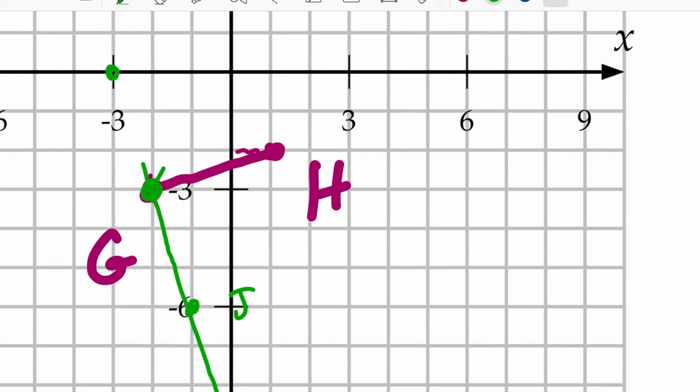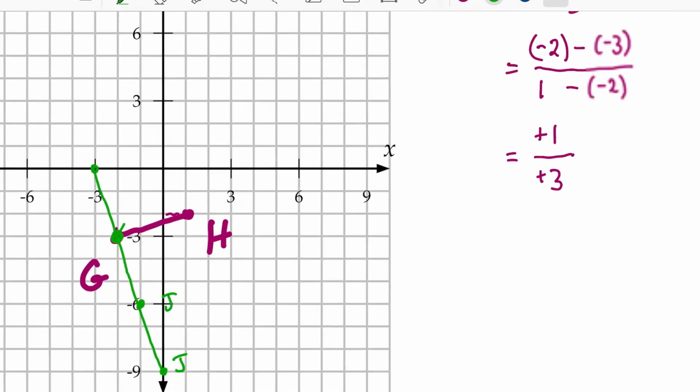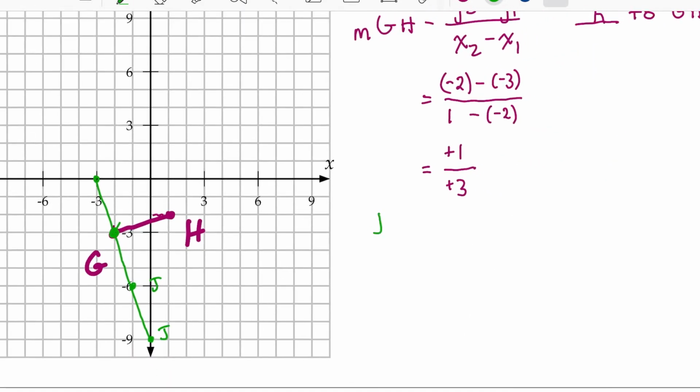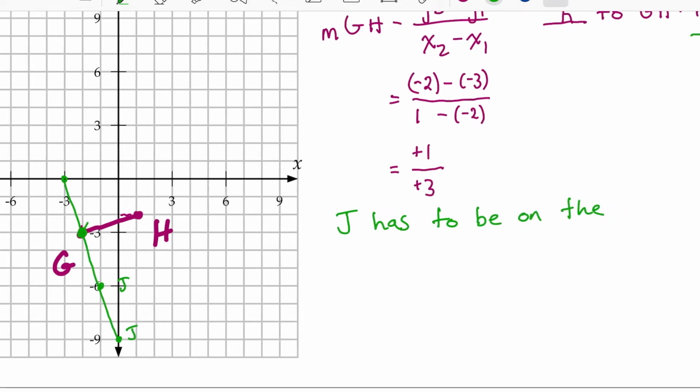There would be a possibility for J. So we have lots of possibilities for J. So point J has to be on the green line. Could be anywhere on that green line.